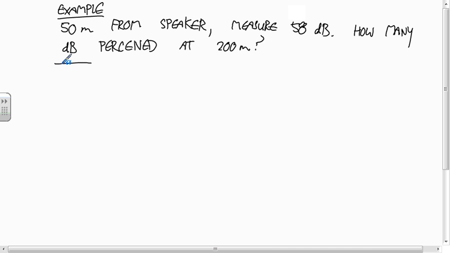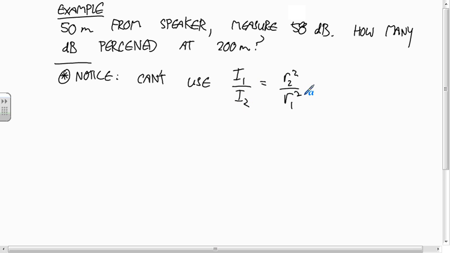So notice that we can't use this I1 over I2 is equal to R2 squared over R1 squared with decibels. So we're going to have to take the 58 decibels, convert that to watts per meter squared, do this calculation, and then convert our answer back into decibels.